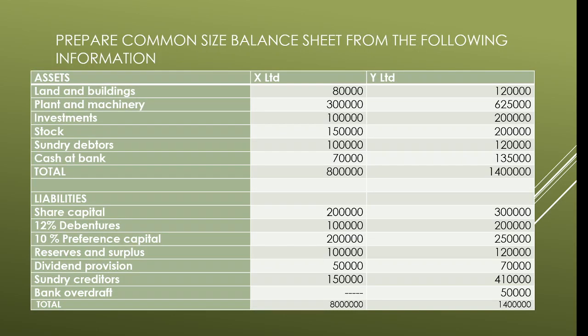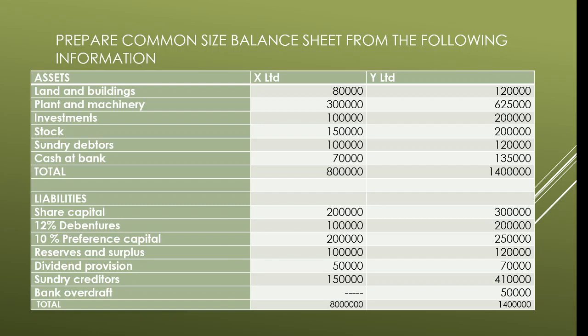Now, in this problem, the information regarding the assets and liabilities of two firms is given, X Limited as well as Y Limited. So we can see here land and buildings, plant and machinery, investments, stock, sundry debtors, cash at bank and total. So total is 8 lakh rupees for X Limited and 14 lakh rupees for Y Limited.